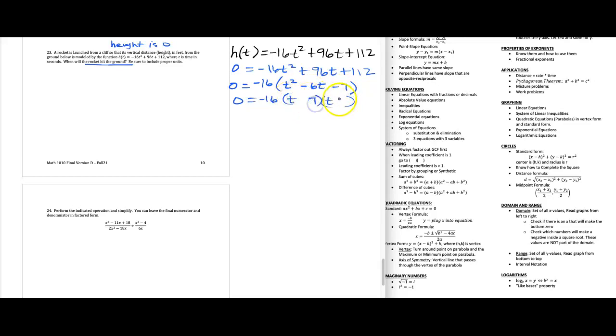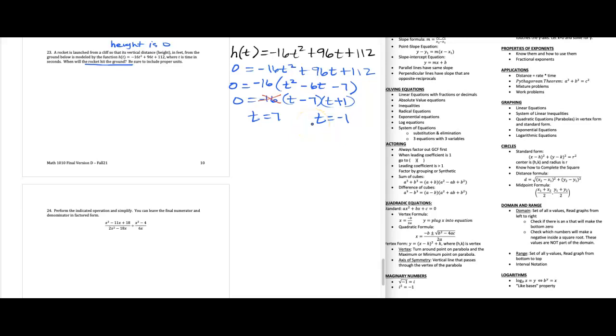Well, 7 and 1, and 7 needs to be negative, and 1 needs to be positive. And then I'm just going to set those equal to 0 and solve. This part, there's nothing to solve there, right? There's no t to solve for, so I don't need to set that part equal to 0. But the other ones, I get t equals 7 when I solve that one, and here t equals negative 1.